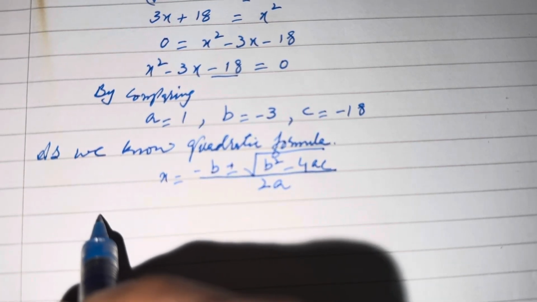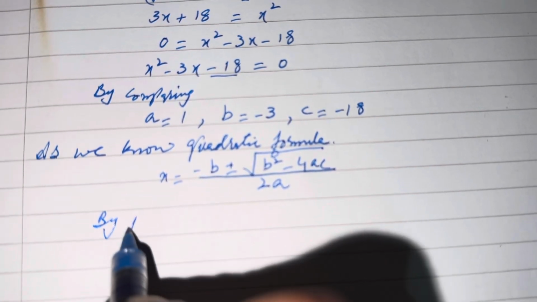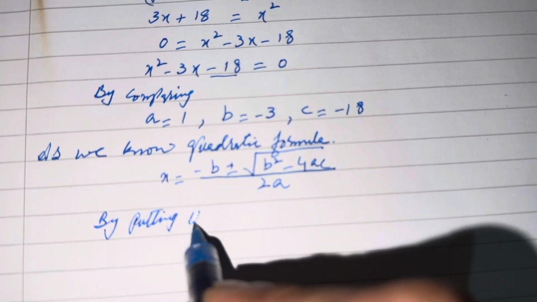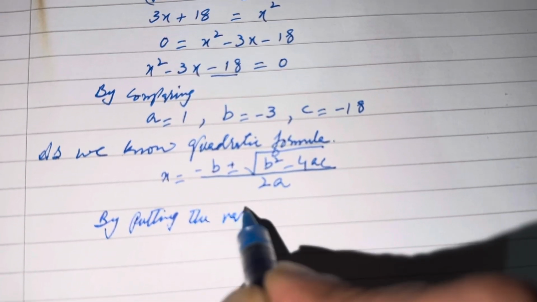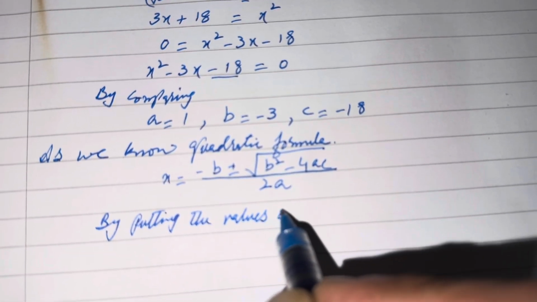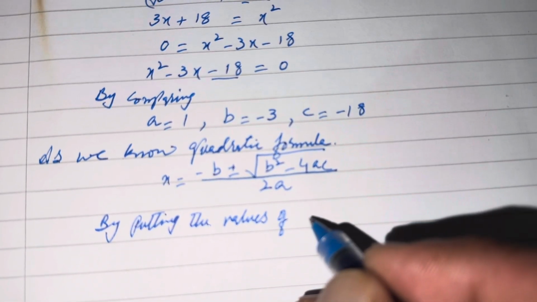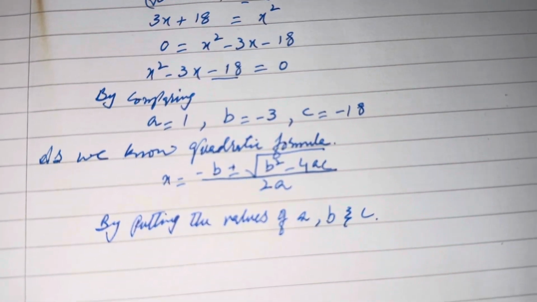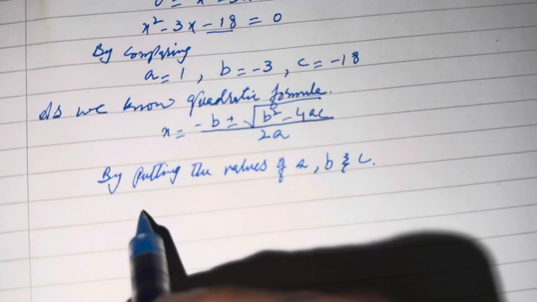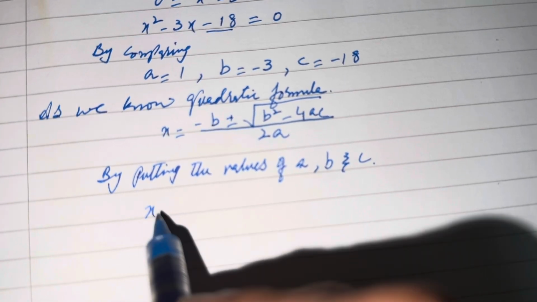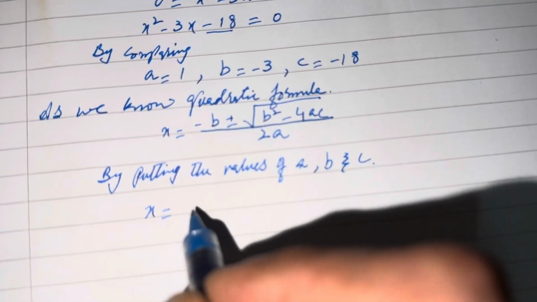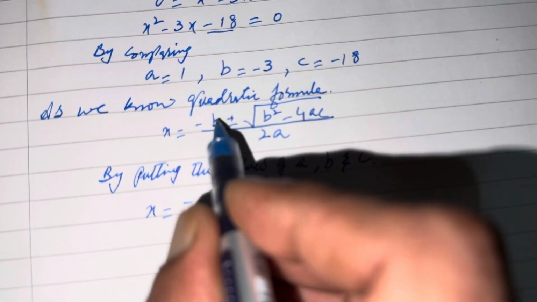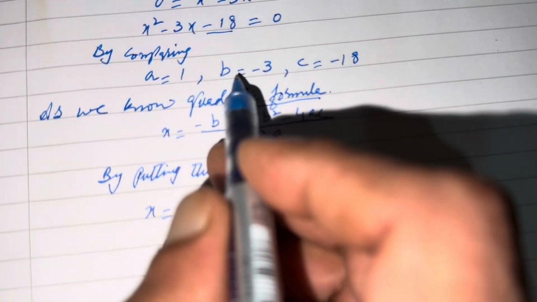So when we put the values of a, b, c in this equation, x is equal to minus b. So what's the value of b? It is minus 3.